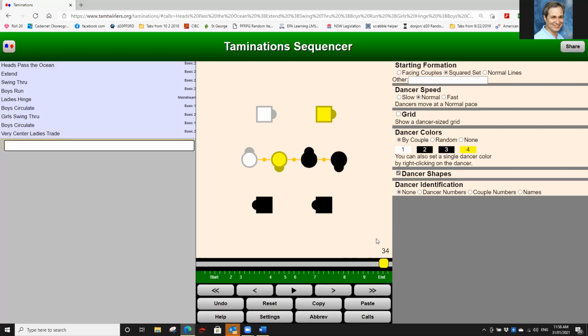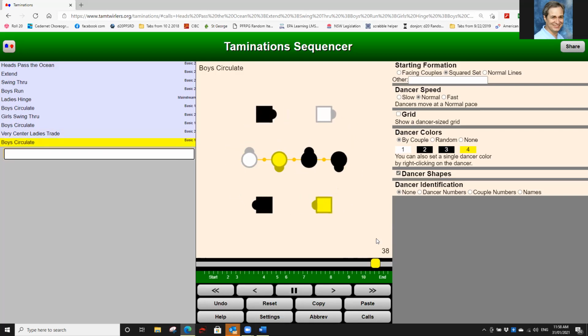Now, if we have the boys circulate, that's the second person that runs across the square. So now we've created a transition. This is basically a chicken plucker effect. So now we have in our group of 4 the people that we need to have in order to create that chicken plucker or right-hand lady box.